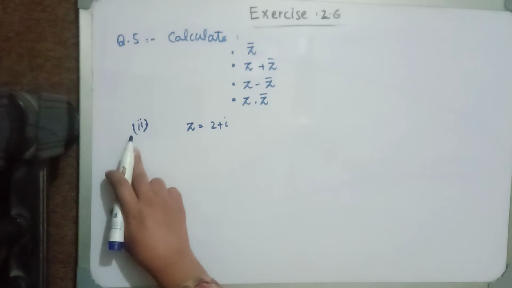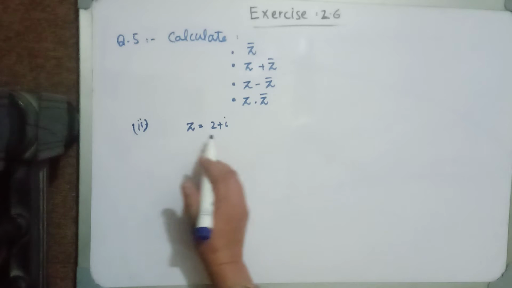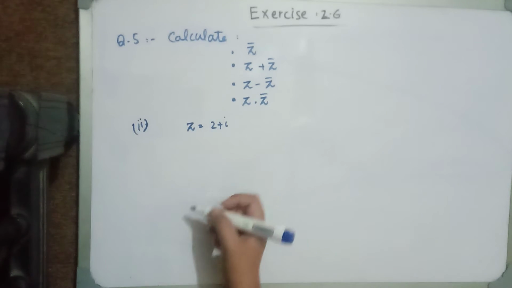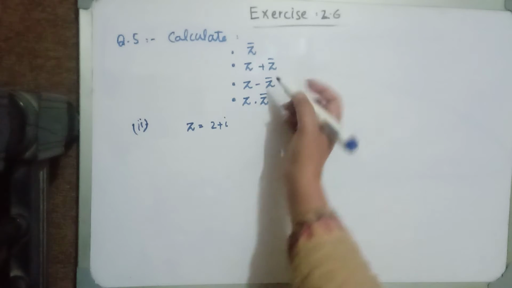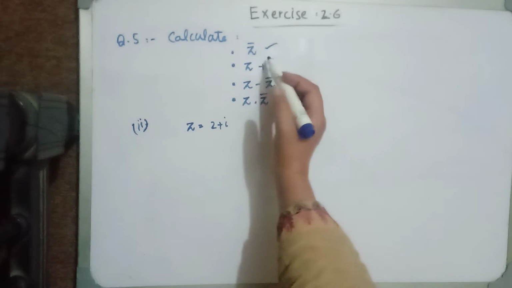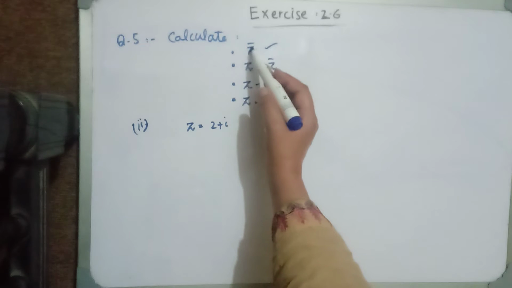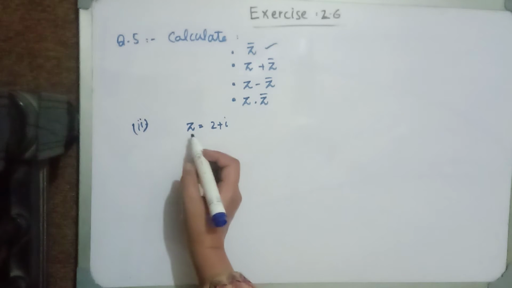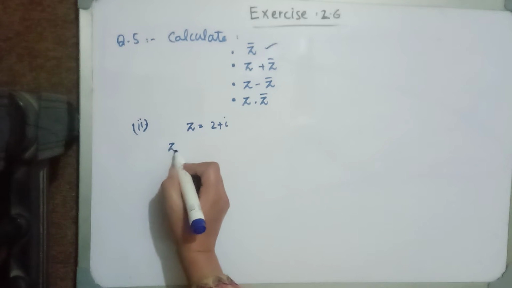So I'm solving here the second part of this question, in which the complex number z is equal to 2 plus iota, right? Firstly I need to find its conjugate, because I told you before that when we have a bar over z, it shows that we need to take the conjugate of that complex number. So I'm going to take the conjugate of this number.